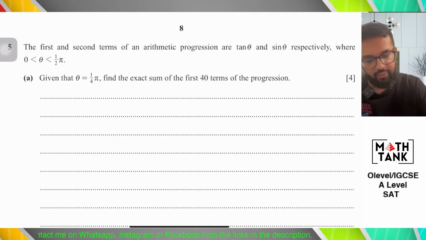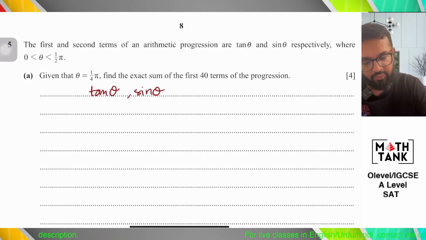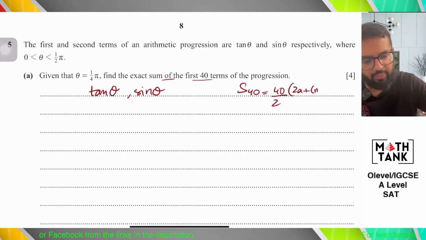The first and second terms of an arithmetic progression are theta and sine theta respectively, where theta is between 0 and pi over 2. Given that theta equals pi over 4, find the exact sum of the first 40 terms. Arithmetic, n over 2 times 2a plus n minus 1 times d.